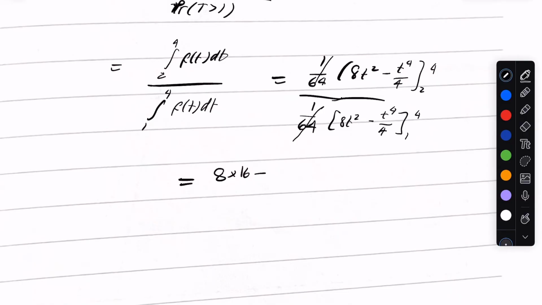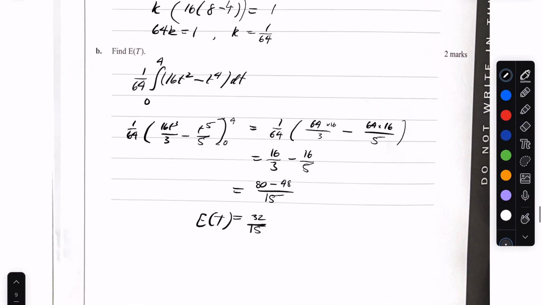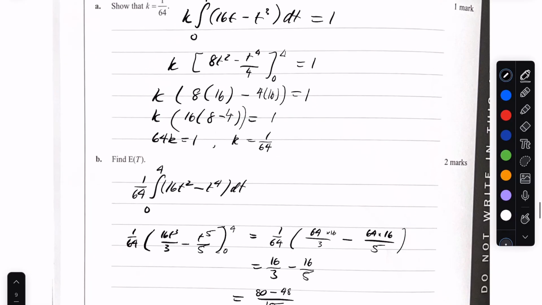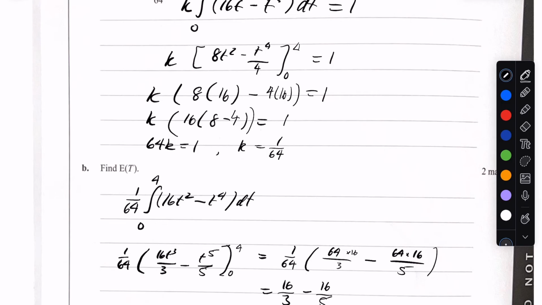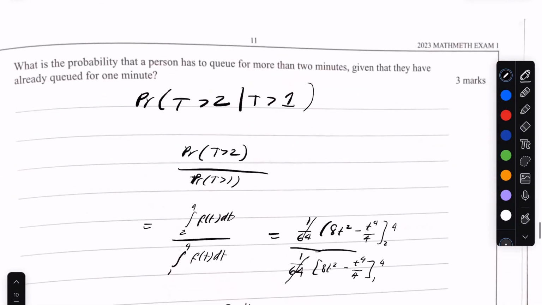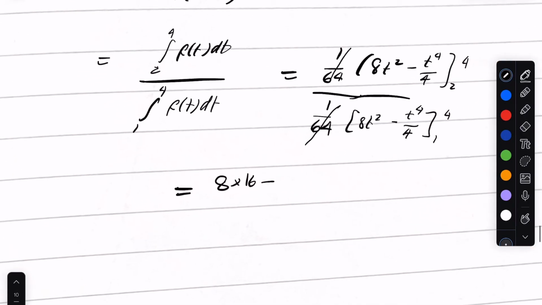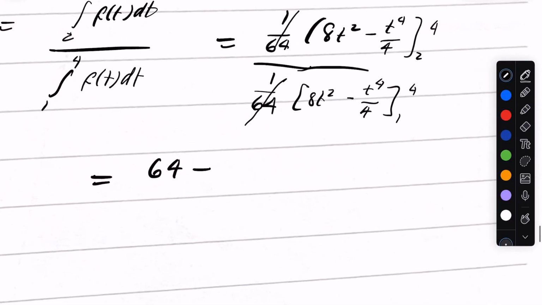And you've got 8 times 16 minus 4 times... So this is the same problem. We've already subbed in 4. And when we subbed in 4 we got 64, I believe, from here, because the 0 didn't count. So that's going to be 64 minus, then you sub in 2, you get 8 times 4, which is 32, minus 2, 4, 8, 16 over 4, which is 4.